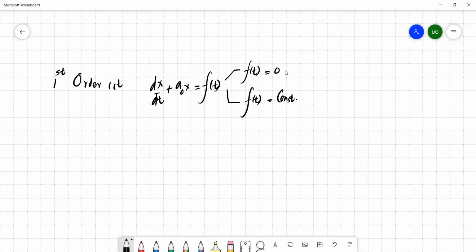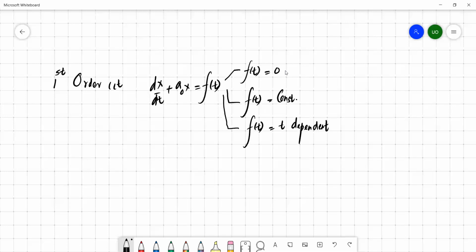So the third is where f(t) is a time-dependent quantity. In that case, based on the form of f(t), we can propose a trial solution which is aligned with the pattern.